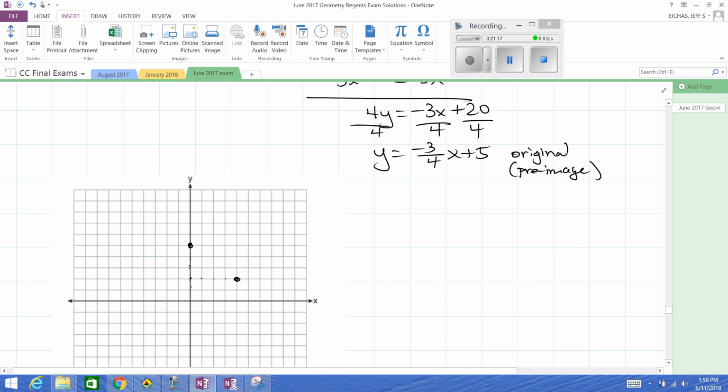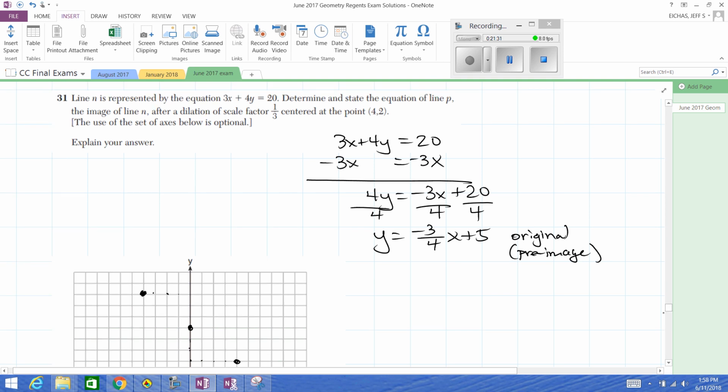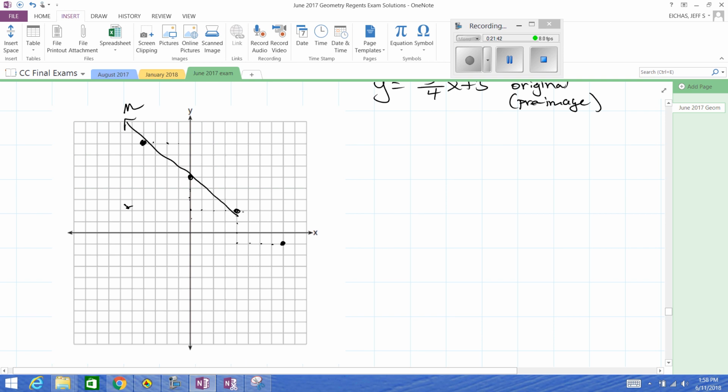I went down 3, right 4 from there, or up 3, left 4. I wish I had a straight edge, but this is the original line. This is line N.